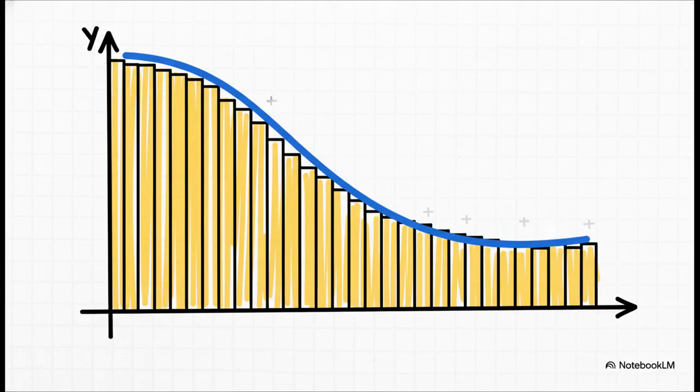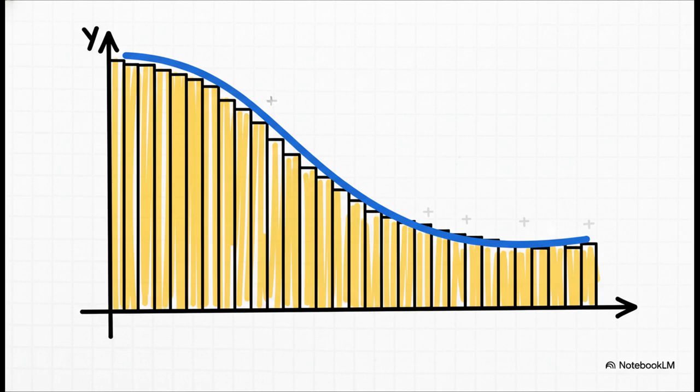Well, the first step is just to think logically. If we can't calculate the area of this weird shape all at once, what if we break it down into shapes we do know how to measure? Imagine we just slice up that whole area under the curve into tons of super thin little rectangles. We definitely know how to find the area of each one of those. And if we add all those little areas together, we can get a really, really close approximation of the total area, or, in our case, the total cost.